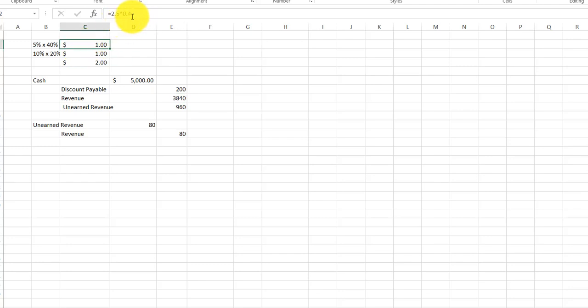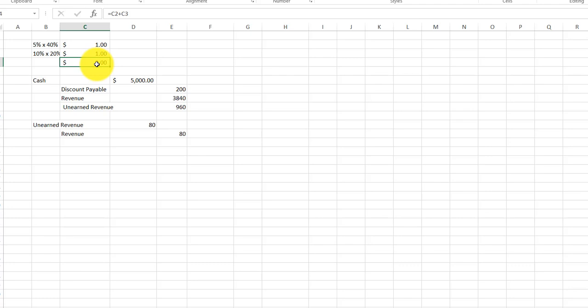If you look at my formula, you're taking the $2.50 discount times 0.4 and the $5 discount times 0.2, getting $1 each time, adding it up, and you get $2. So the expected amount that is going to be paid is $48. This is the expected discount, this average.